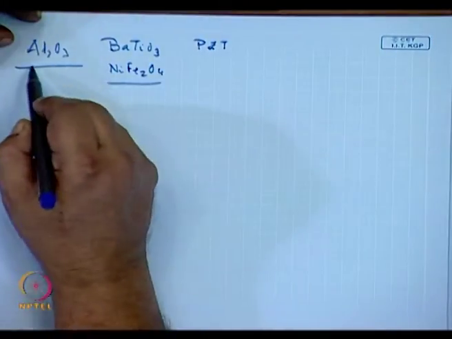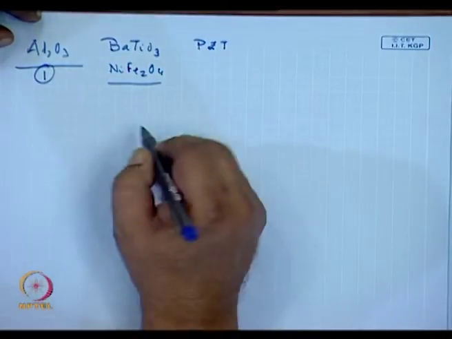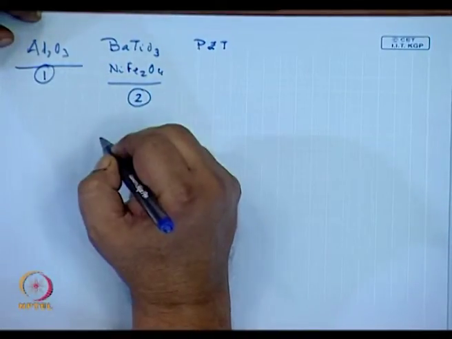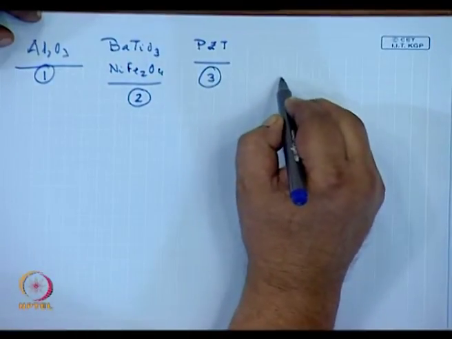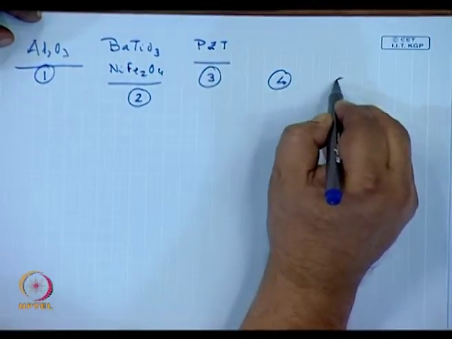So, here I have a single component system, here a two component system, here a three component system, and the list can increase to 4 and 5 components.